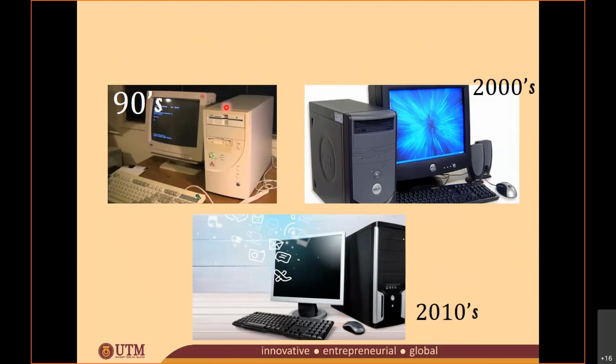This one uses a floppy disk. In 2000, there is no more floppy disk; it changed to maybe a CD or DVD player. And in 2010, no more DVD, no more floppy disk, no more CD players, because now we use a USB flash drive to transfer data.